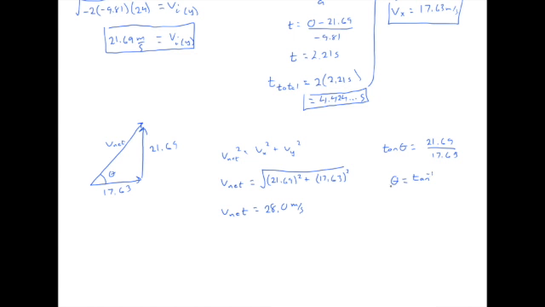And remember, when we're solving for the angle, we use the inverse tan. For given the angle, we use the regular tan. So 21.69 over top of 17.63. Put that into our calculator, and we'll get an angle then of 50.9. And that'll be from the horizontal. So we'll be at 28 meters per second at 50.9 degrees from that horizontal.